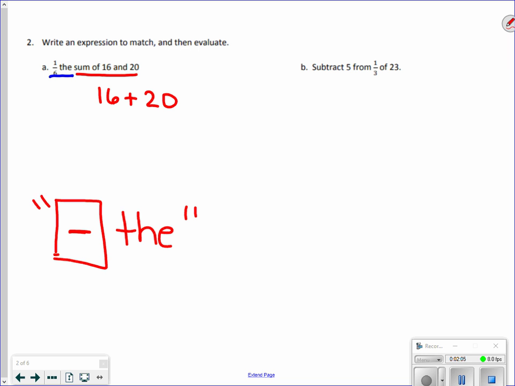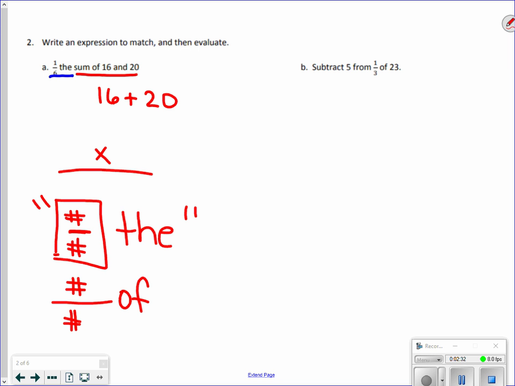I've got a fraction. Those are things that really mean multiply.